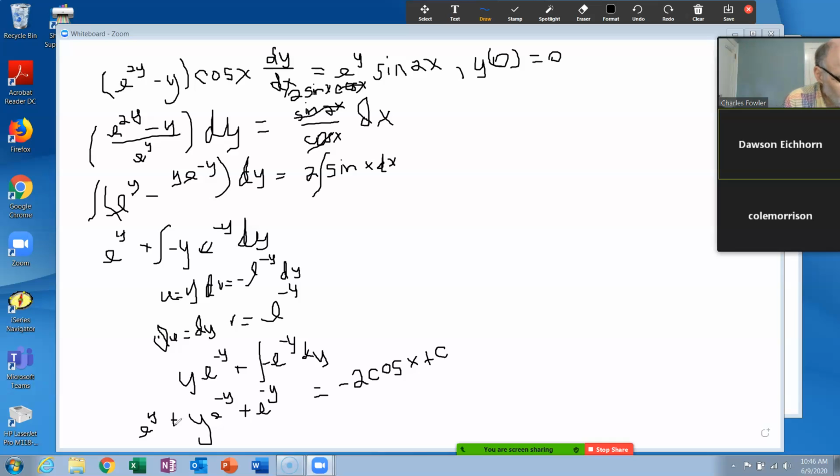Now, we almost finished this problem, even though it seemed really nasty, but we got right to the point of substituting. Let's make sure we got it right. E to the y plus y e to the minus y plus e to the minus y is equal to minus 2 cosine x plus c. Yes, we got to equation 7 in your book, but we couldn't evaluate it because we ran out of time. So we'll start off there next time.